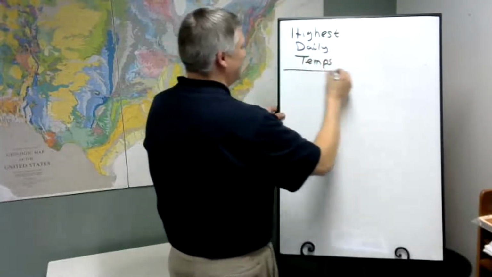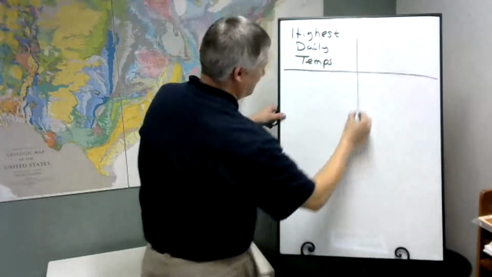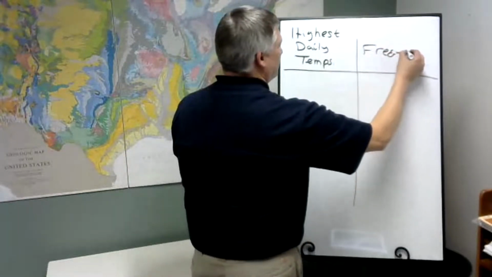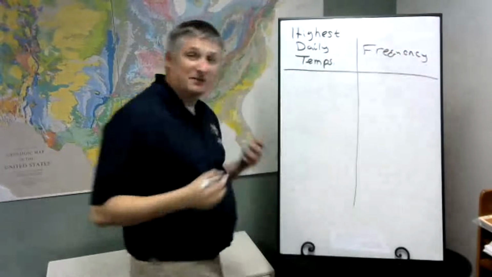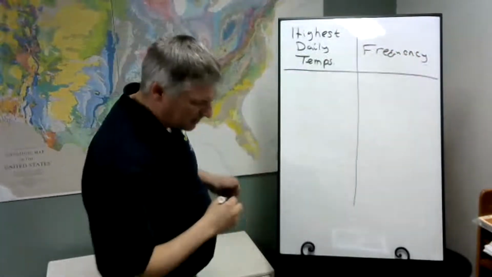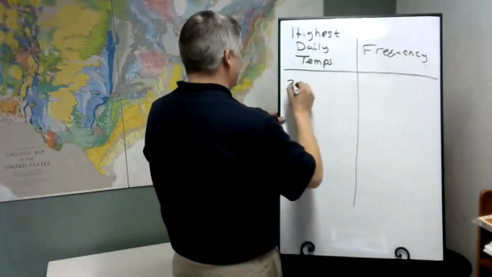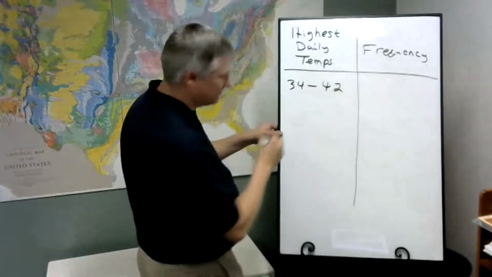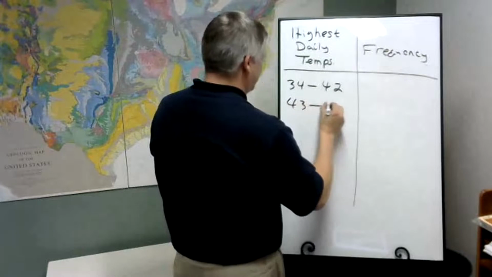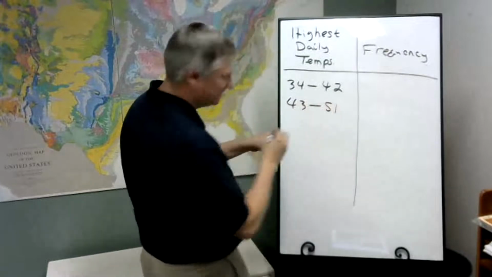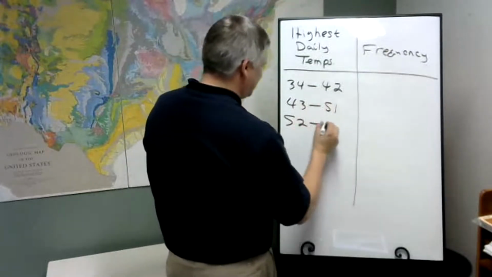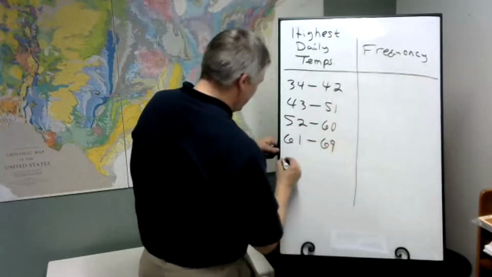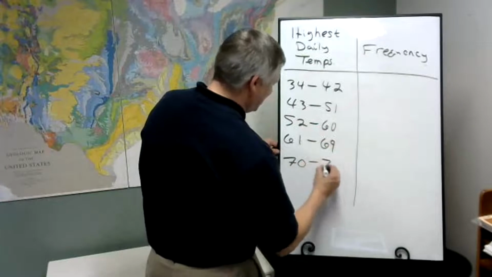So highest daily temps, and then how often different temperatures fell into different temperature intervals. Our first interval, 34 to 42, 43 to 51, 52 to 60, 61 to 69, 70 to 78.